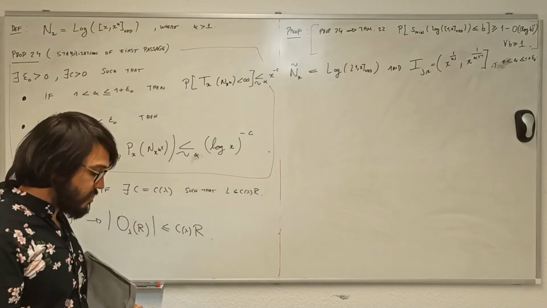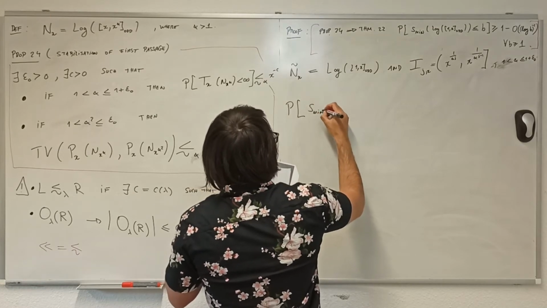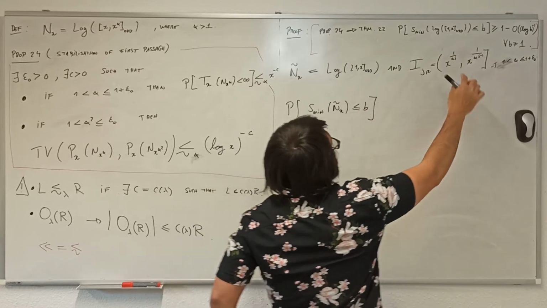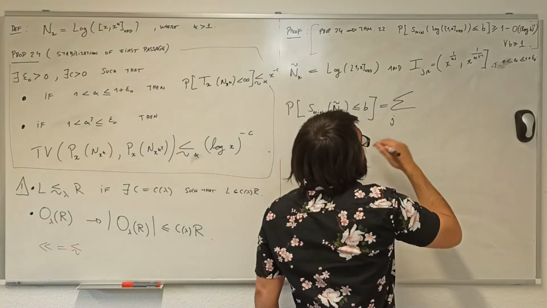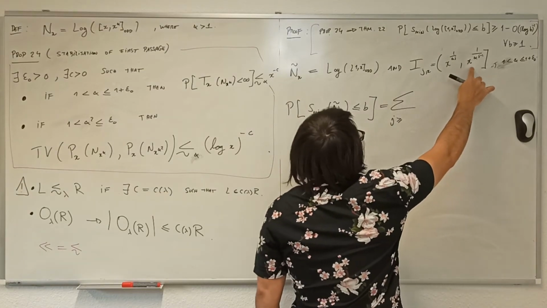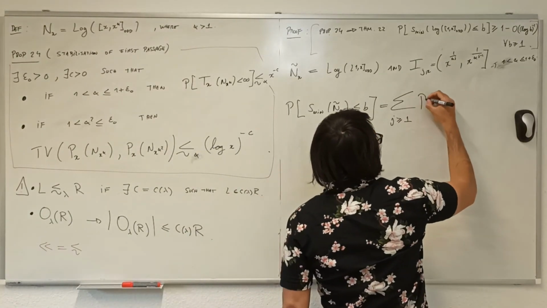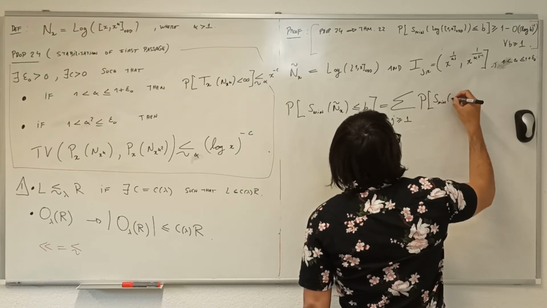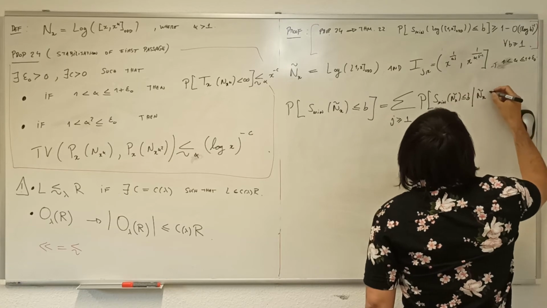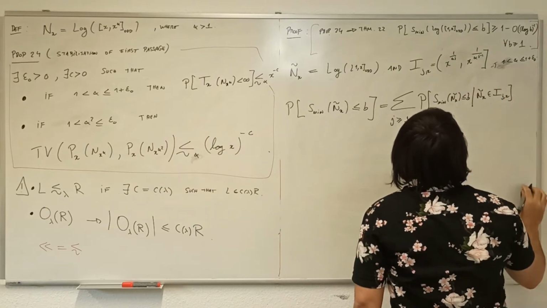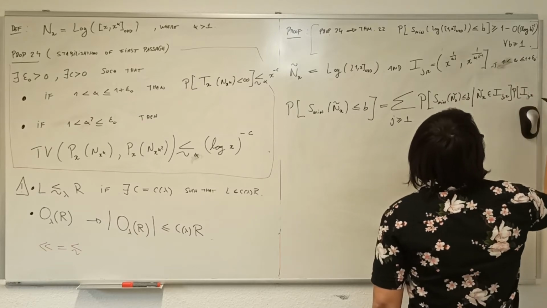Okay, so let me define this. What you realize is exactly what I told you before about conditional probability: the probability that S min of n tilde of x is less or equal to b, which is exactly what we want to measure now, will be a sum over the j's, greater or equal than 1, of the probability that S min of n of x tilde is less or equal to b, conditional on being inside one of these intervals, times the probability of this interval.